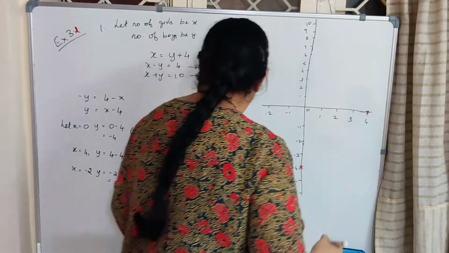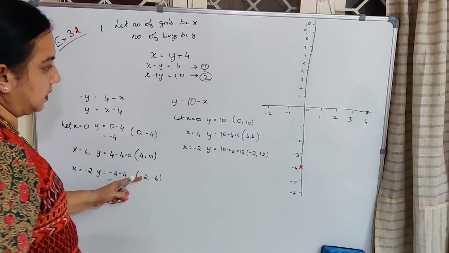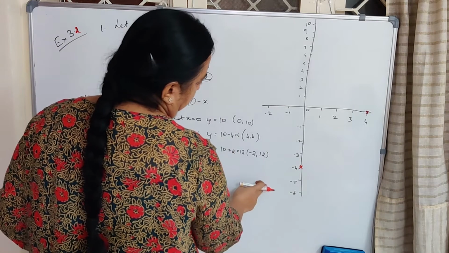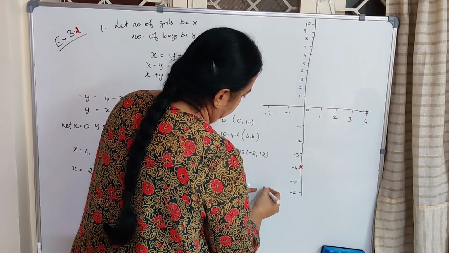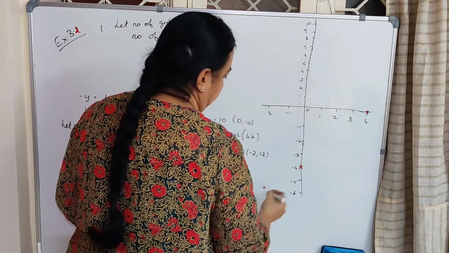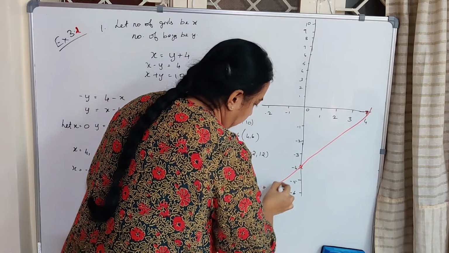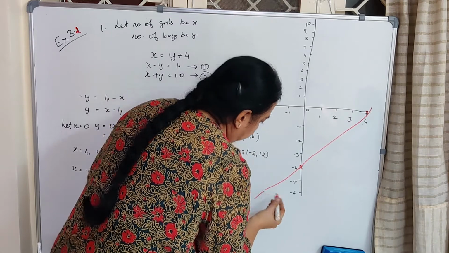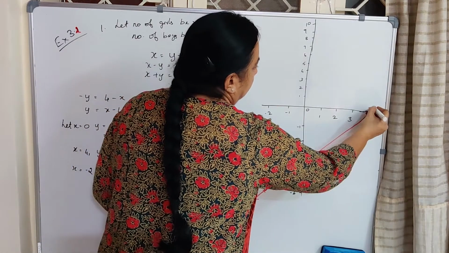And the next point is minus 2 and minus 6. Minus 2 and minus 6, it lies here. So the line is like this, right? I am drawing a rough line. You make it proper on an original proper graph sheet. I am just drawing a rough diagram.